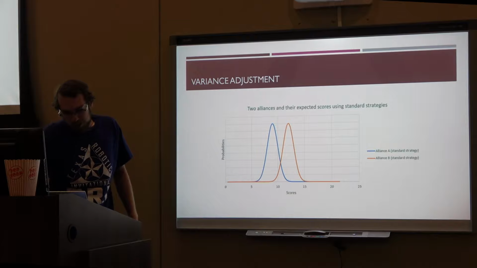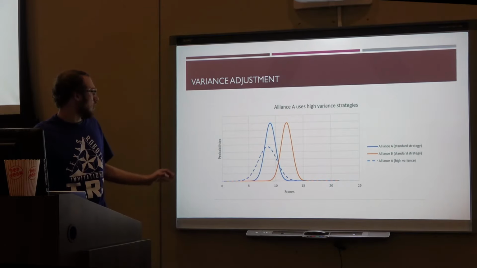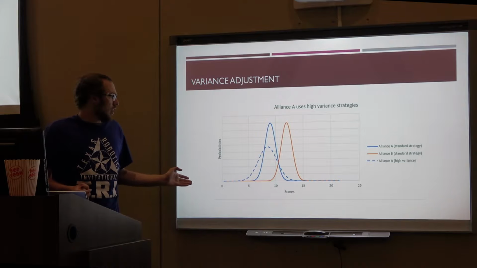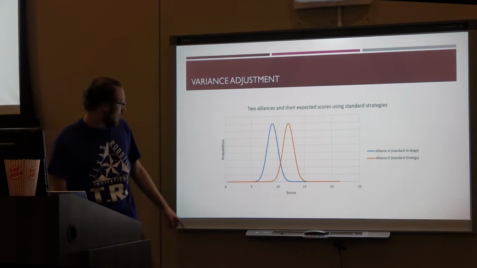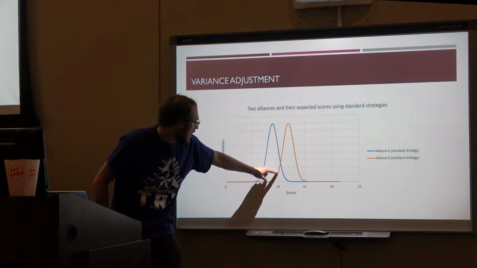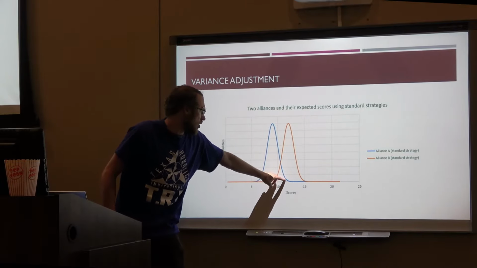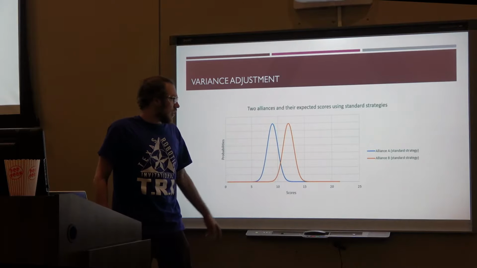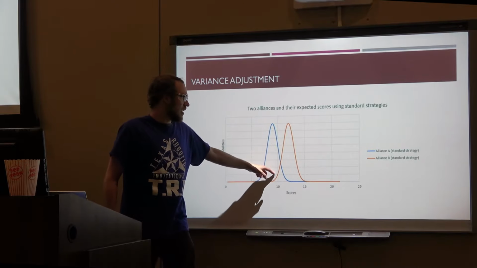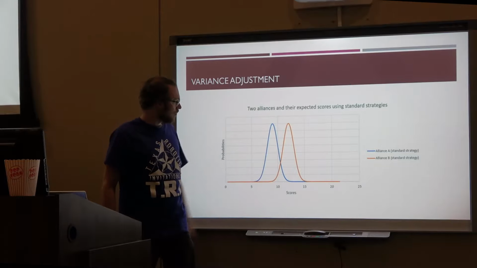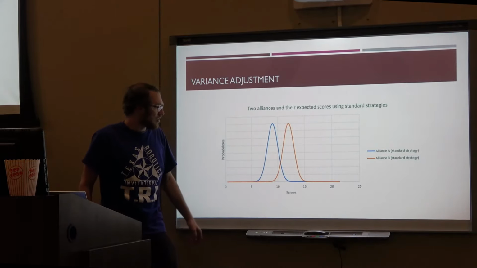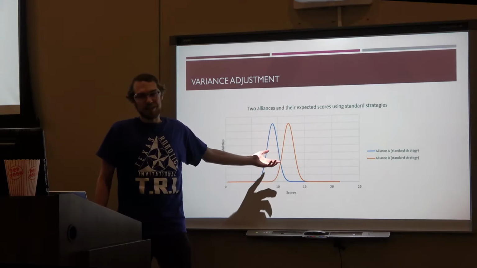Okay, so now what happens if Alliance A, this underdog alliance, what happens if they, well, let's look back at this one here. The important thing to look at is this overlap between the two, because these are the matches where Alliance A can upset Alliance B, okay? So most of the time here, probably 90% of the time, Alliance B is winning this match.